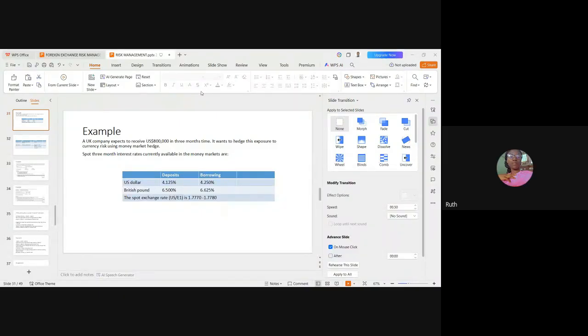So the first thing is that we know that we are receiving 800,000 US dollars, and the UK is the home currency, while the US is the foreign currency. So once that is identified, then we'll go to our table.